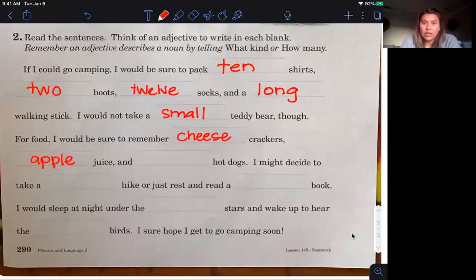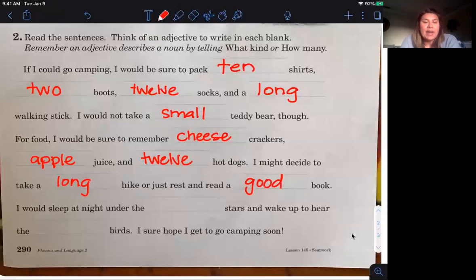And blank hot dogs. And how many hot dogs? Let's say 12 again, so that everybody can eat enough. I might decide to take a long hike. What kind of a hike? A long one. Or just rest and read a good book. What kind of a book? A good one.